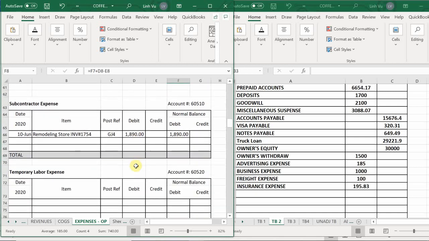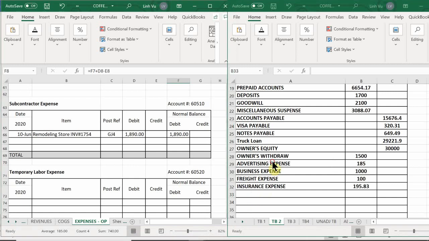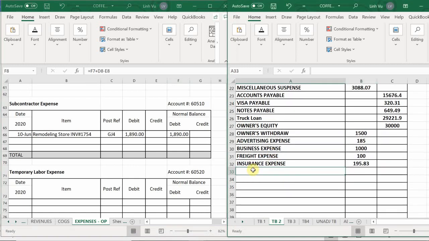So in this case, we do have our first labor expense, which is going to be the subcontract labor or subcontractor expense, which was a total of $1,890.